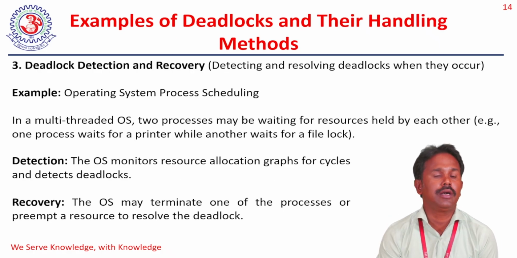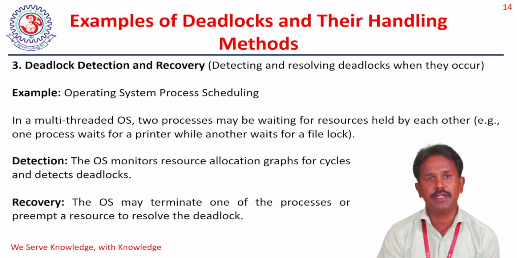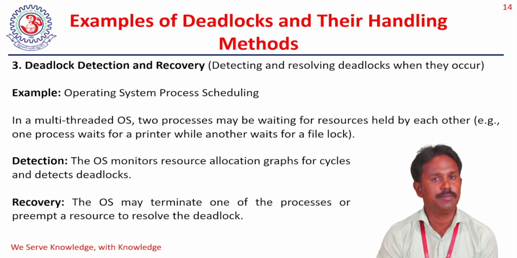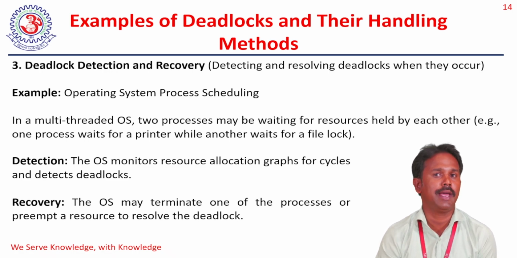The third method is deadlock detection and recovery. The real-time example for this is operating system process scheduling. Scheduling means determining the order in which processes are executed by the CPU. In a multi-threaded operating system, two processes may be waiting for resources held by each other.